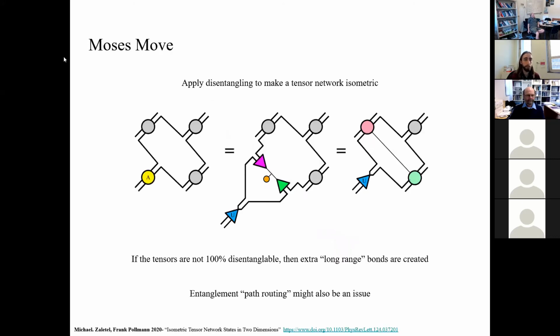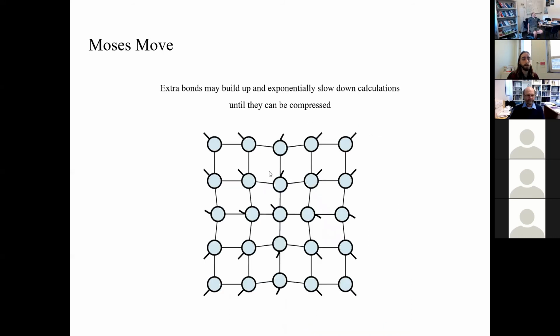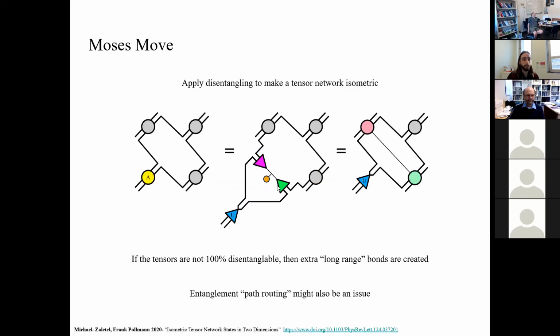And this is used in what's called Moses moves in isometric tensor networks. This is a way of making a tensor network isometric or moving the orthogonality center around an isometric tensor network. It just involves having some tensor in your tensor network, then disentangling it like this, as shown on the last slide, replacing A with a disentangled version of A, and then absorbing these tensors into the surrounding tensor network.